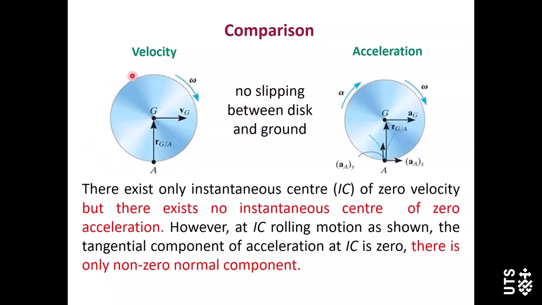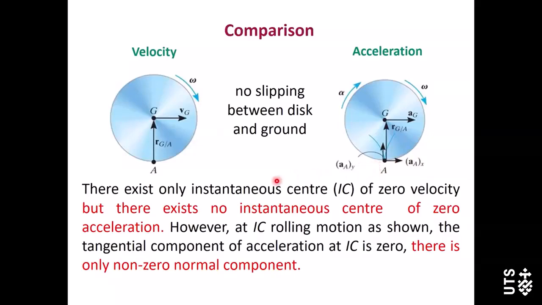We can do relative velocity analysis, and also relative acceleration analysis, and we can work out the velocity at point G. We know the velocity at point A must be 0. And we can work out acceleration at point G, and the acceleration at point A.